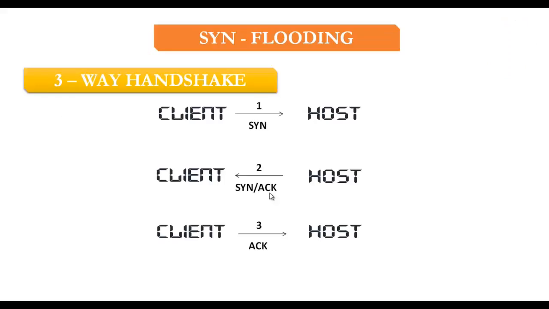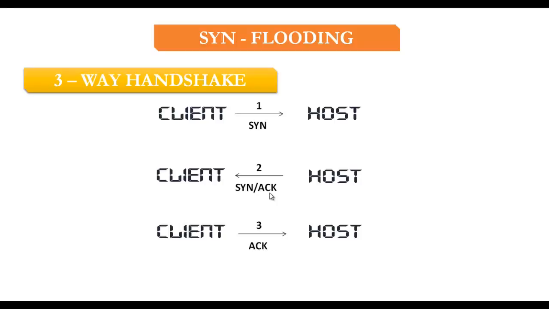The first one is SYN flooding. But before understanding this SYN flooding attack, we need to understand the three-way handshake. In a typical TCP/IP protocol, 2 hosts communicate using a three-way handshake.